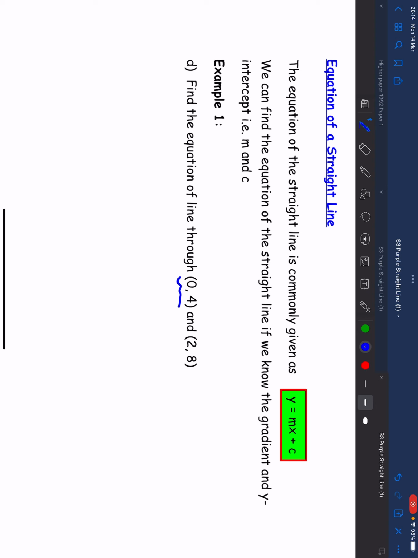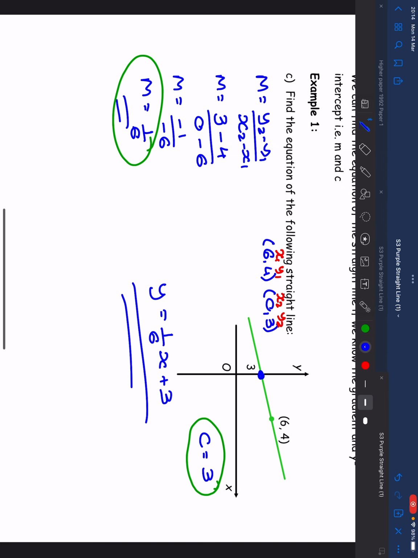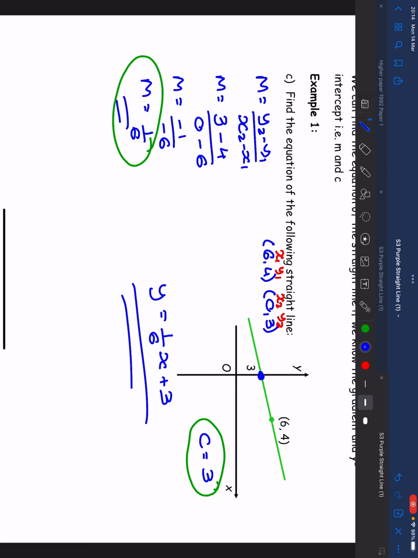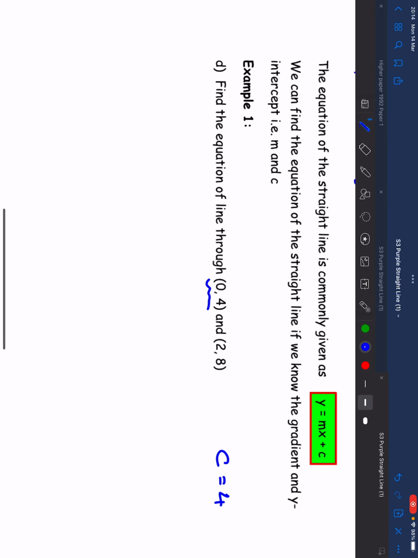Any coordinate that starts with 0 is always going to be on the y-axis. So straight away, we can find the y-intercept. It's going to be 4. This example is incredibly similar to the previous example because we just have a coordinate and where it cuts through the y-axis. This time, you're just not given it as a diagram.